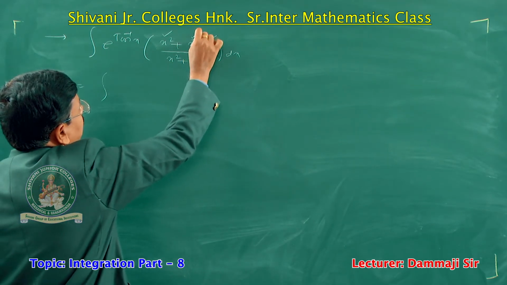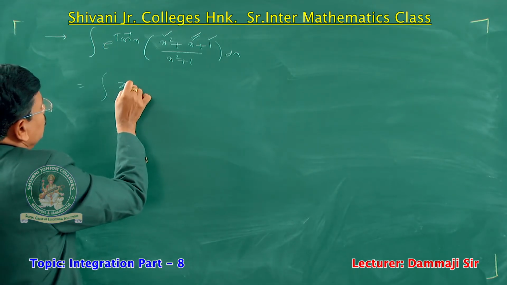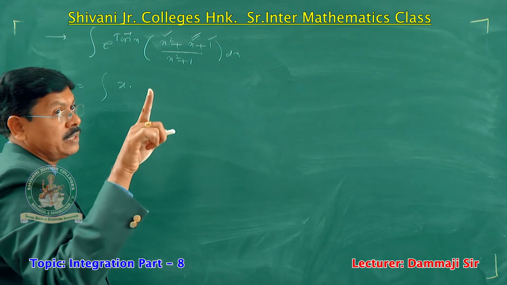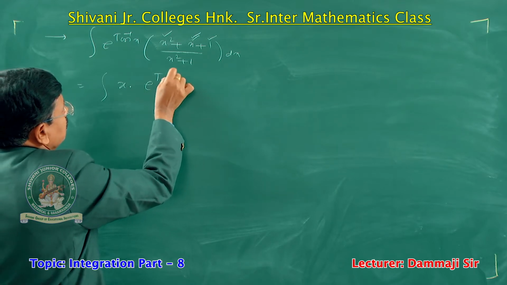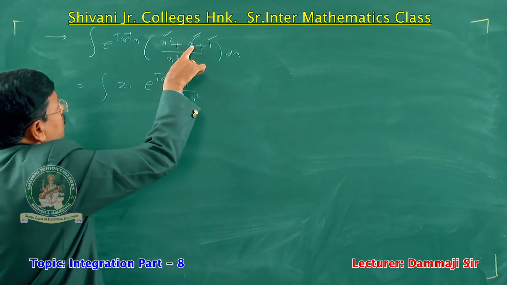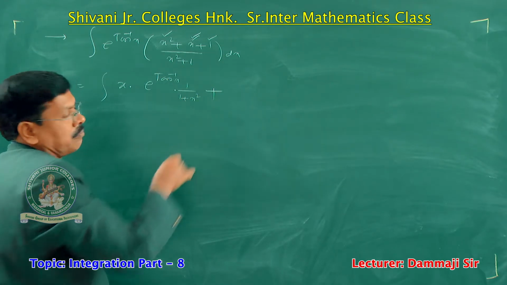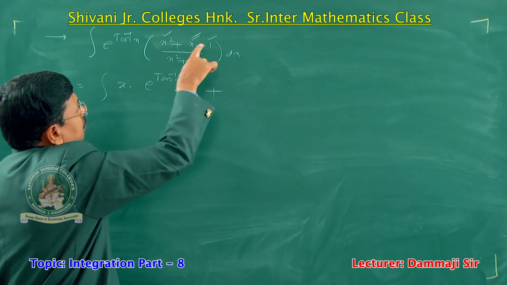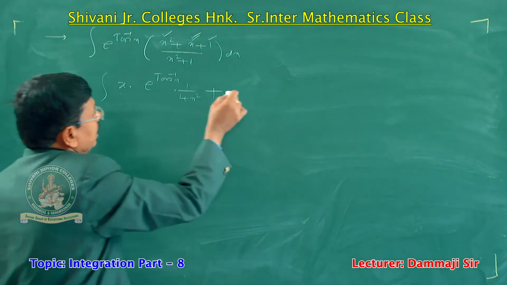See once again, x by x square plus 1, let us write down. We already have the fixed formation x into f dash of x plus f of x. x e power tan inverse of x into 1 by 1 plus x square, plus x square plus 1 by x square plus 1, the result of the first and third being x square plus 1 by x square plus 1, total result 1 into e power tan inverse x.